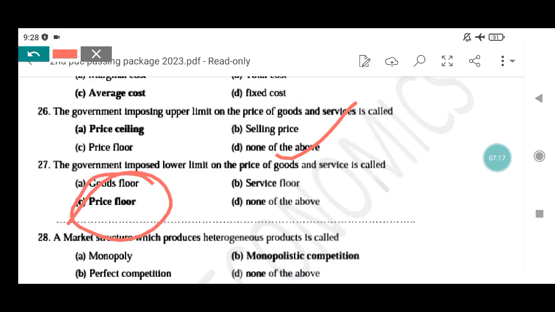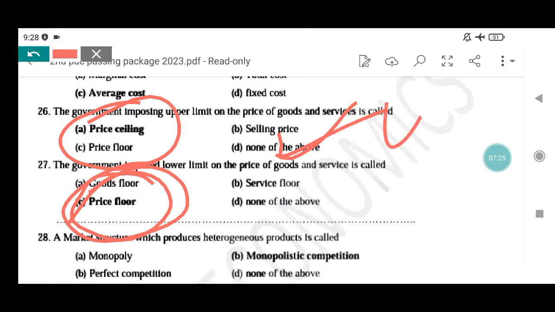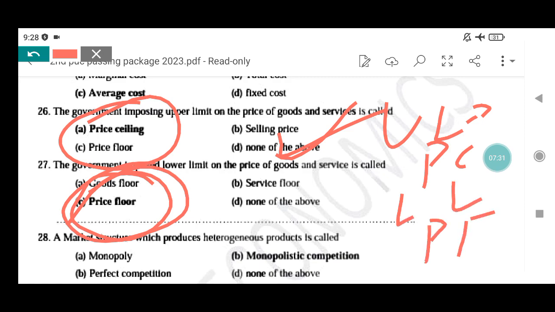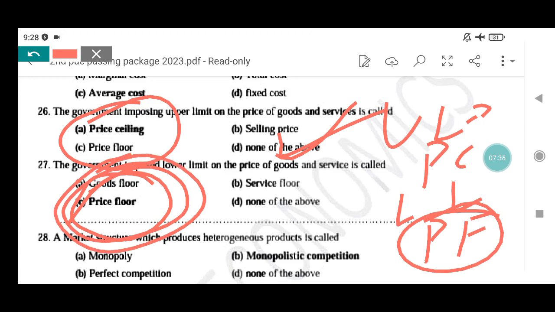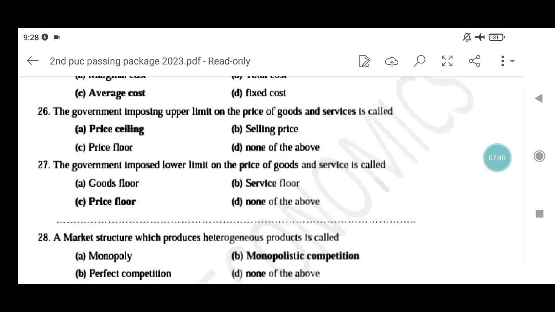Lower limit indicates price flooring, upper limit indicates price ceiling. You can remember it as keywords: upper limit is price ceiling, lower limit is price flooring. Why is price flooring considered? Price flooring is considered for agriculture commodities.